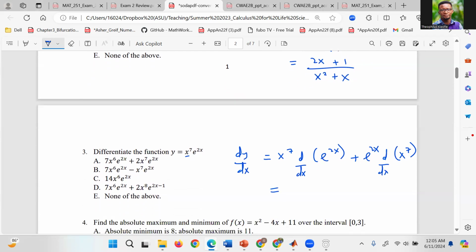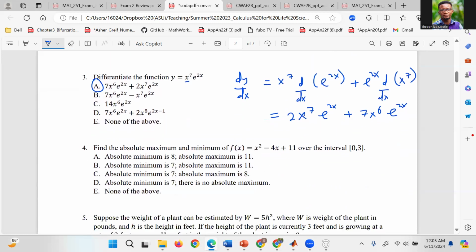And when we do the arithmetic, we should get something beautiful as this. So with that, we should have our A as our final result.